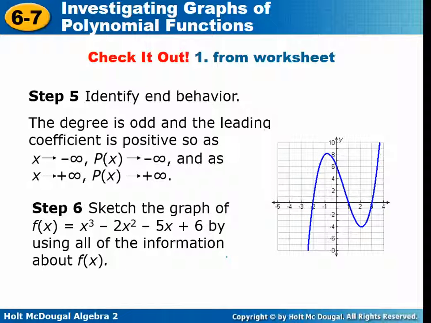And then they've already got a graph, but then we put our zeros on. Our zeros were at -2, at 1, and at 3. We knew that the y-intercept was at 6. And then we had found that at x equals -1, it was at 8, and at x equals 2, it was at, was it at -4, I guess? Is that what we got?